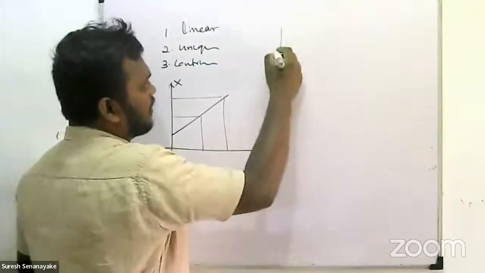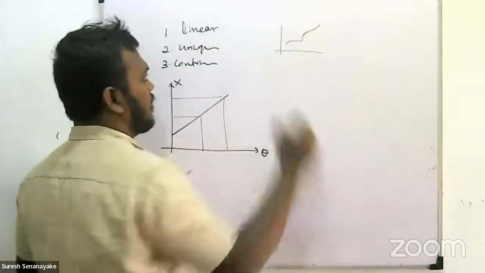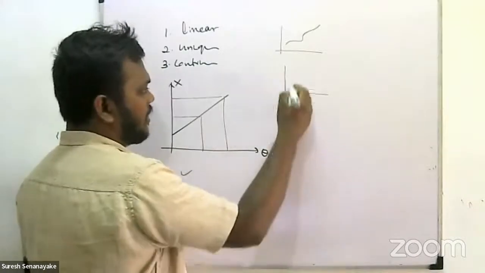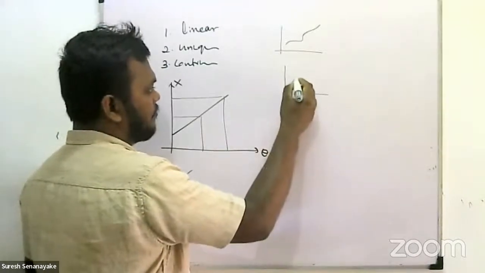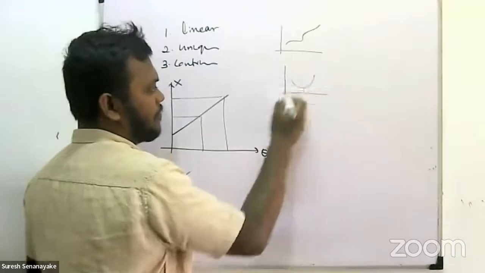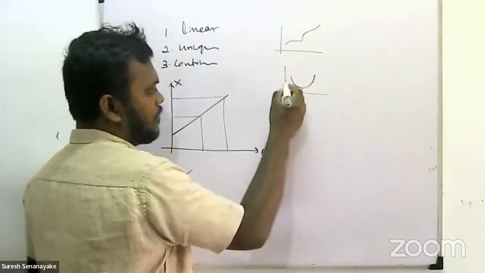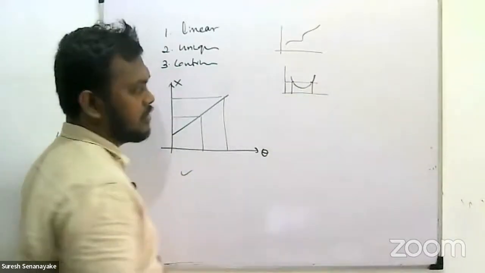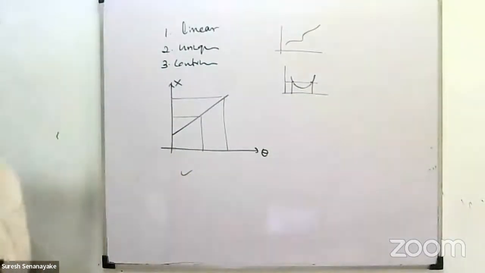But if you consider a thermometer like this, it's not linear. And if you consider one like this, for a given thermometric property there are two temperatures. So then it's not a good one, right?